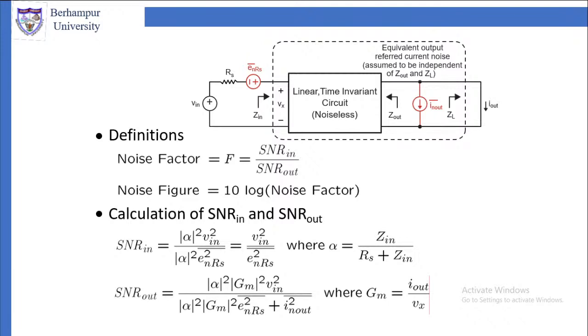If you look from the source side into the circuit, the input impedance is Z in. V in is the source voltage, RS is the source resistance, and the noise due to the resistance is En RS.